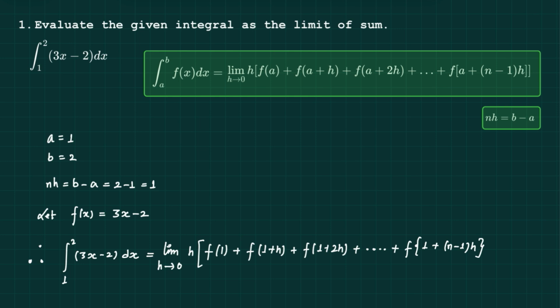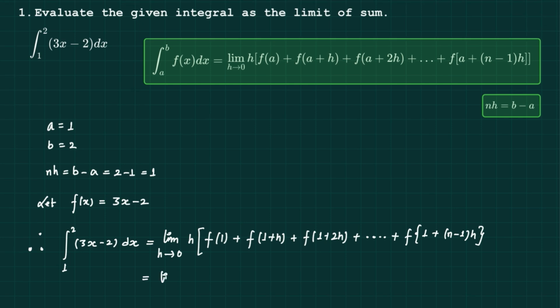So this equals limit h tends to 0 of h times f of 1, which is 3 into 1 minus 2, because f of x equals 3x minus 2. So f of 1 will be 3 into 1 minus 2, that will be 1, plus f of 1 plus h.